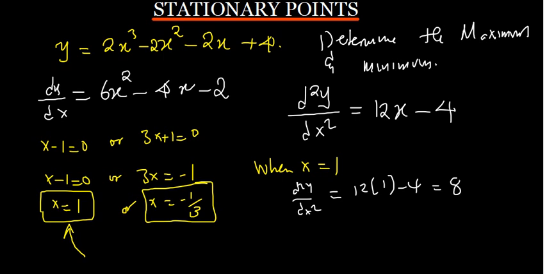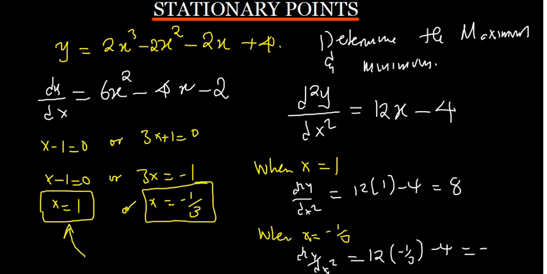All right, and then you are going to say when x is equal to negative 1 over 3, also d2y over dx2 is going to be 12 multiplied by, where there is x, you put negative 1 over 3 and then minus 4. 12 multiplied by negative 1 over 3 is going to be negative 4. Negative 4 minus 4, that will give you negative 8.